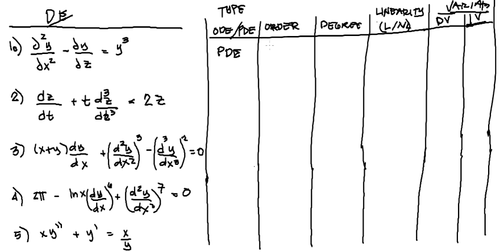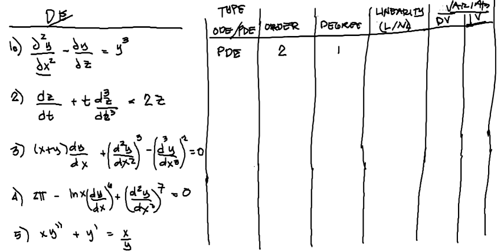And the order of this DE is the order of the highest derivative, which is 2. So we have order 2. And the degree is the degree of the highest order derivative. The highest order derivative here is this part, so the degree of this second order derivative is just 1. So we have 1.